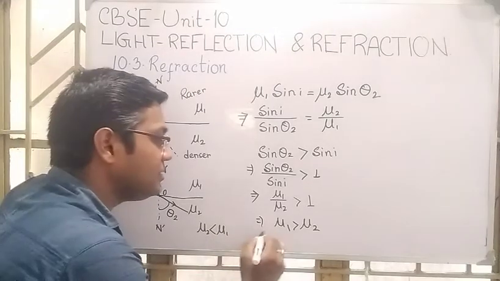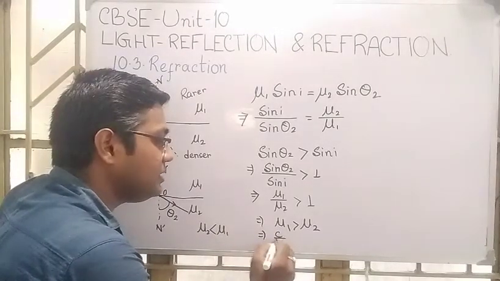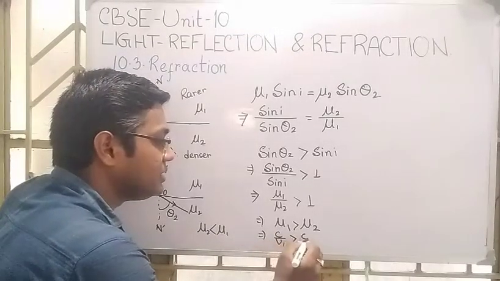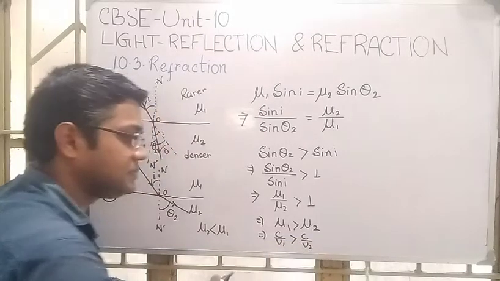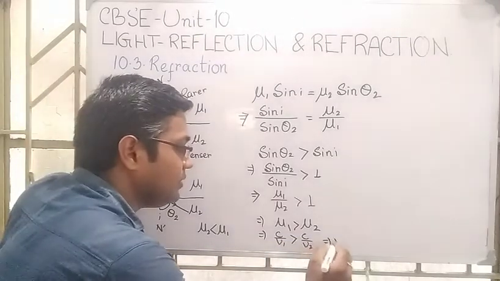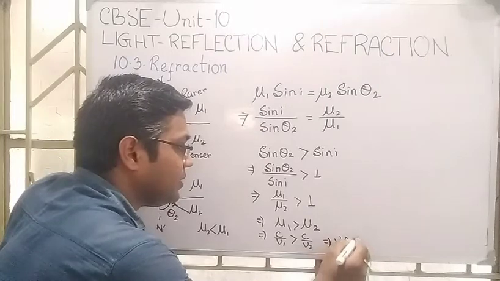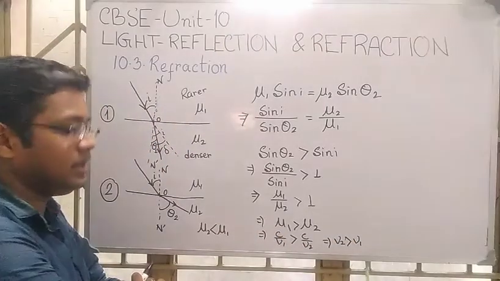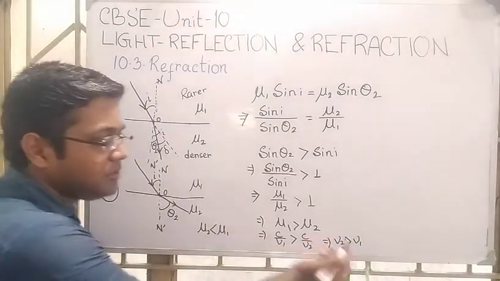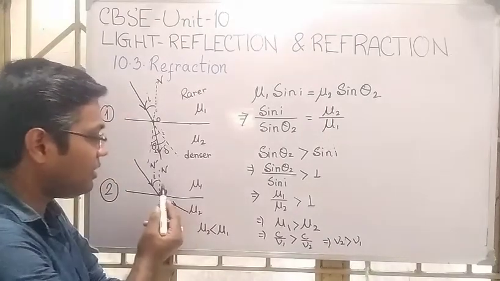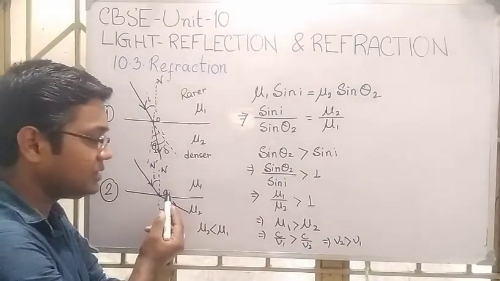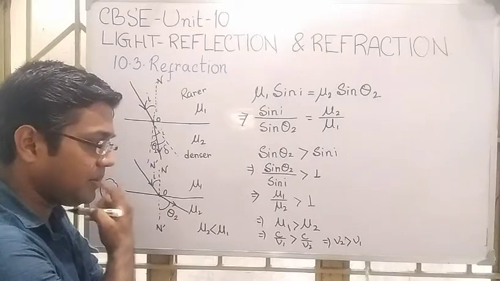So what does it mean? If I write, it is c by v1 greater than c by v2. So from here v2 is greater, v1 is less. So the speed of light in the upper medium is less than that of the lower medium.